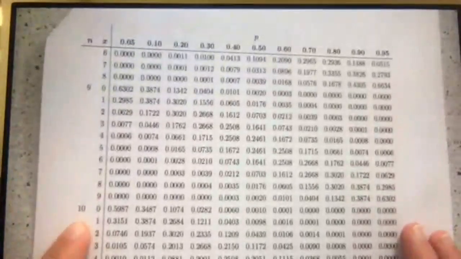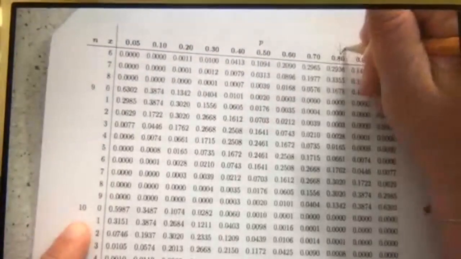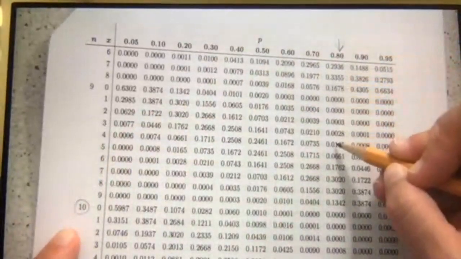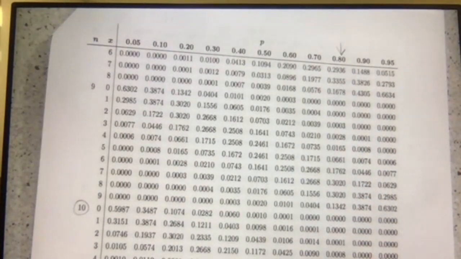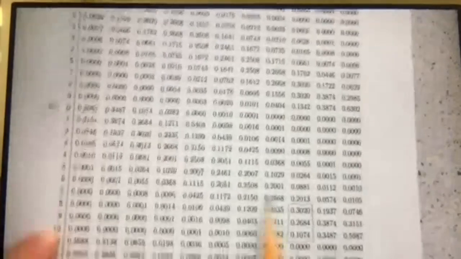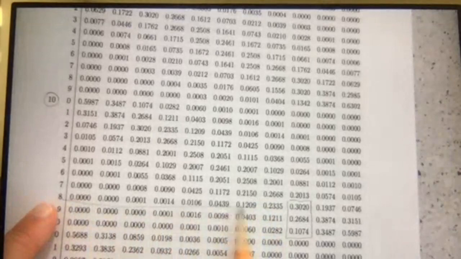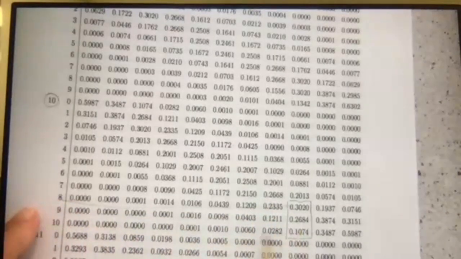So looking when our n value is 10, our p-value being 0.8, and going where these match, we're going to go down when x is 8, 9, 10. So we're going to add up those 8, 9, and 10.